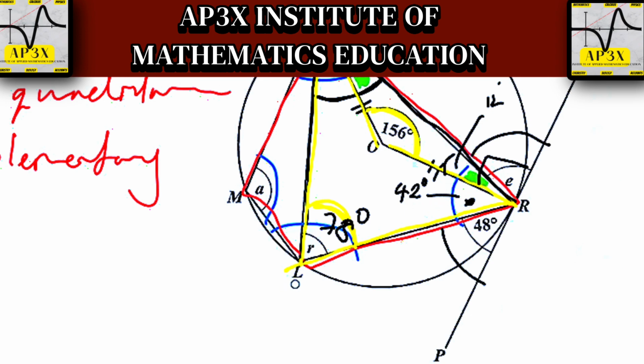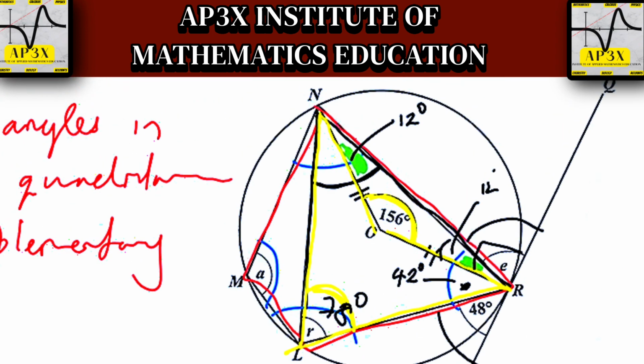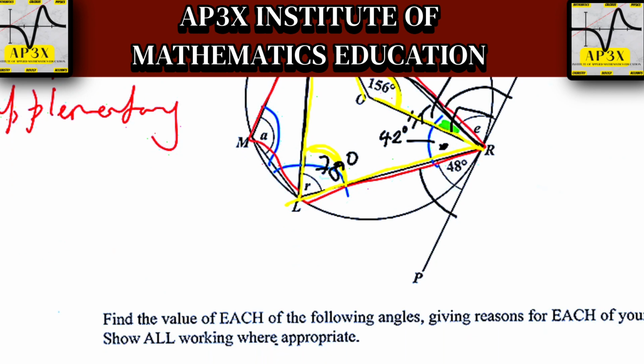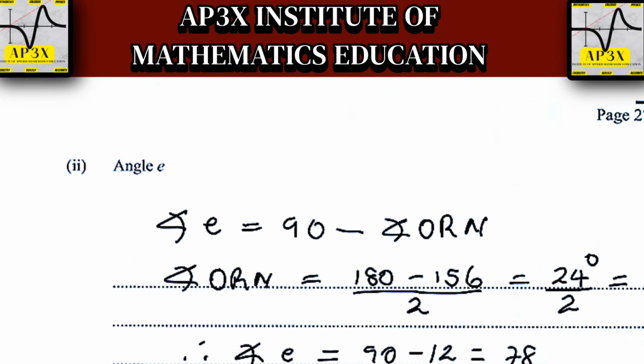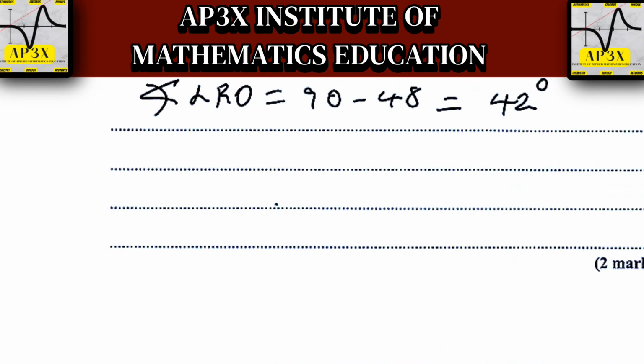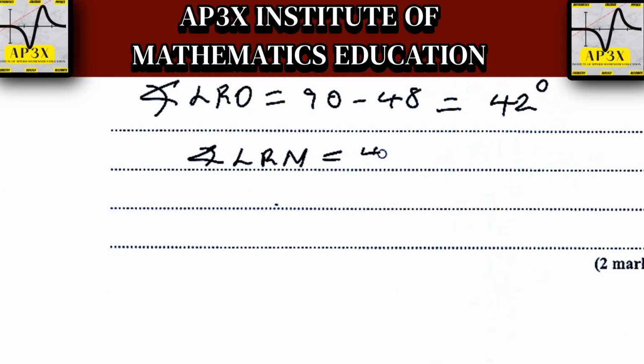So angle LRN equals 42 plus 12, that's equal to 54 degrees.